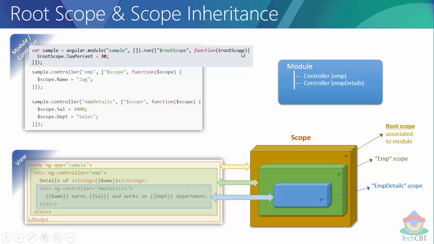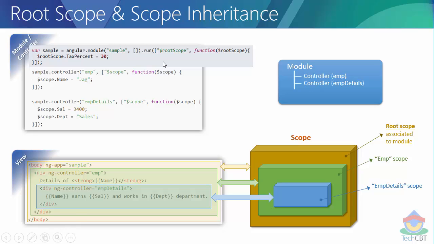This could be any name. It could be just called A or B. But just for our understanding and readability, we are using the same $rootScope name here also. If you are not following why we are using two different names, $rootScope here and $scope here, you should probably watch my previous videos.